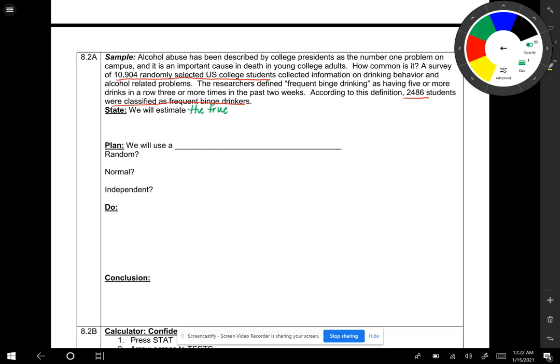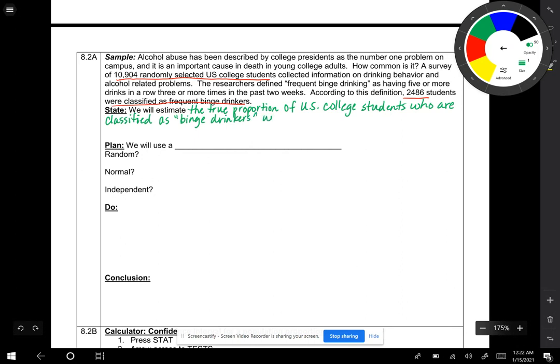So we will estimate the true proportion of U.S. college students who are classified as, quote, binge drinkers with a 90% confidence.